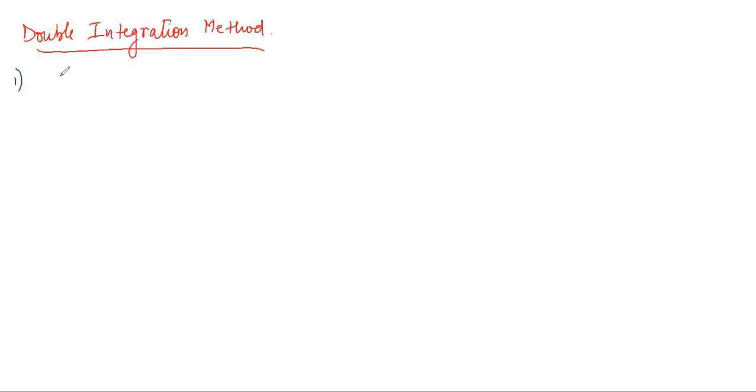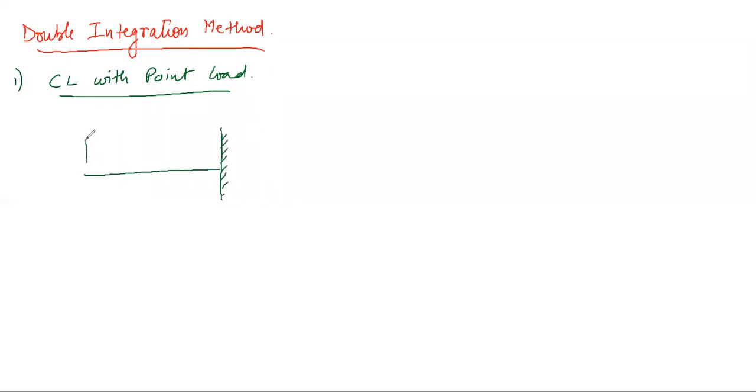We have a cantilever beam with a point load. In this double integration method, we can see there is a point load acting at the end of the beam. This is the length of the beam, and we need to find the moment at distance x.